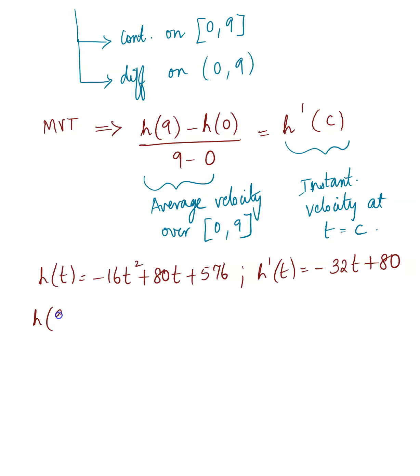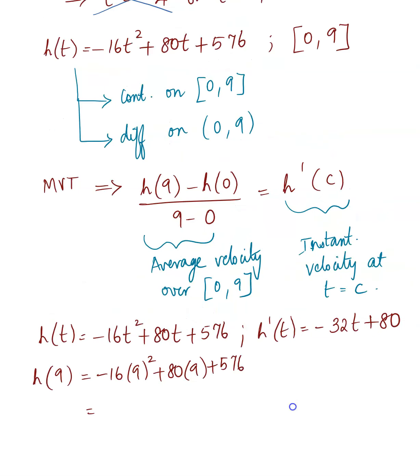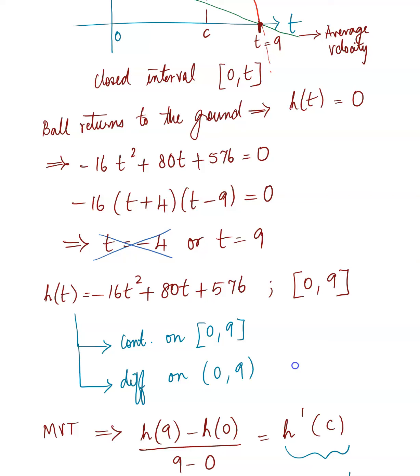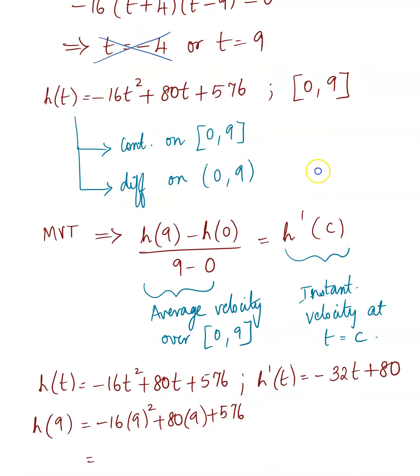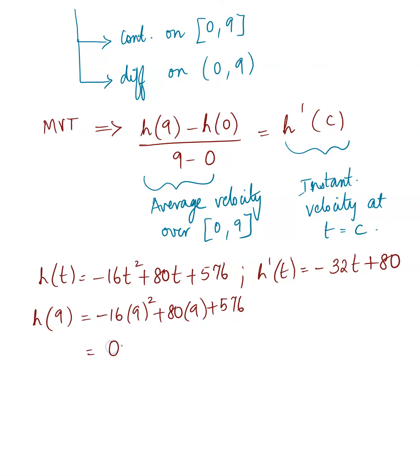And h of 9, you can look at this two ways. One is to first algebraically plug in for t as 9 and compute it. Or you can come back to what we just discovered. We said t will be 9 when height is 0, meaning h is 0. So h of 9 should be 0.